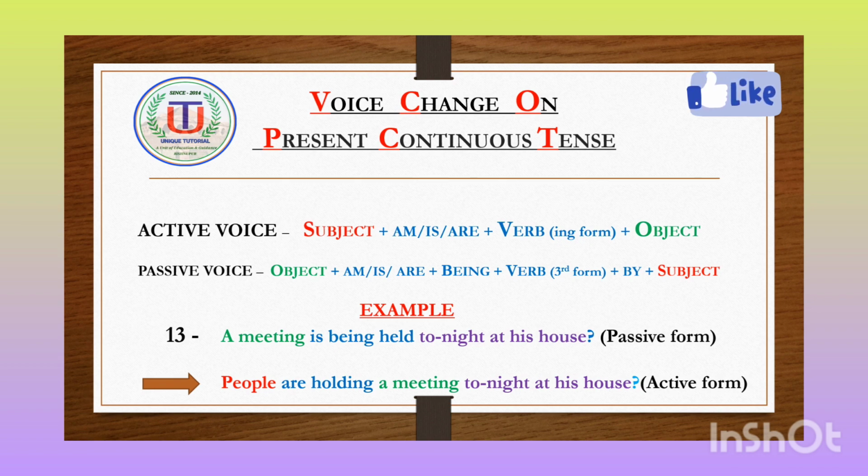So somebody is holding a meeting tonight at his house. So I suppose the people are holding the meeting. So according to the structure, first comes the subject. People are holding a meeting tonight at his house.